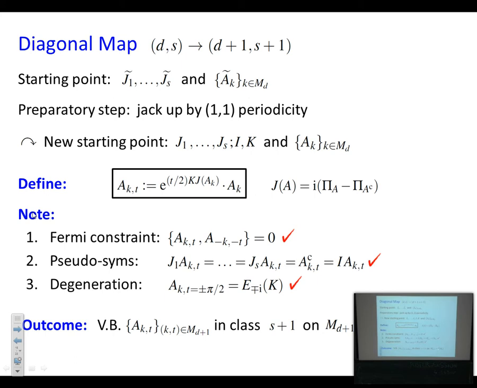And the suspension is the one, as you can see from here, where the involution acting on momentum space is extended non-trivially, therefore the tilde.